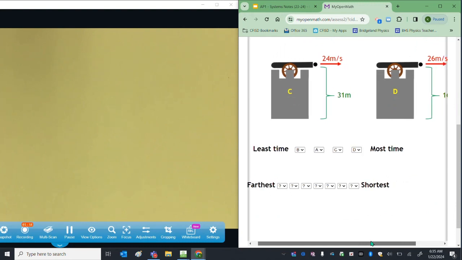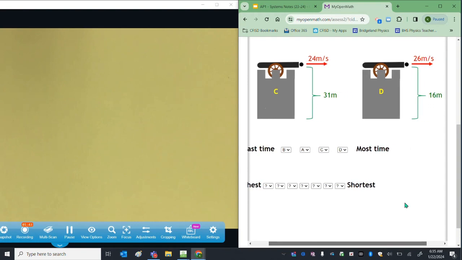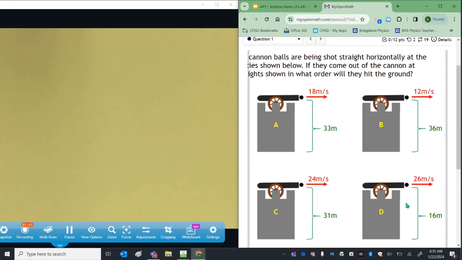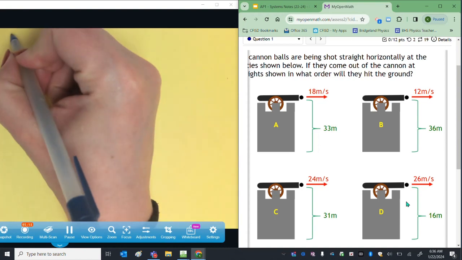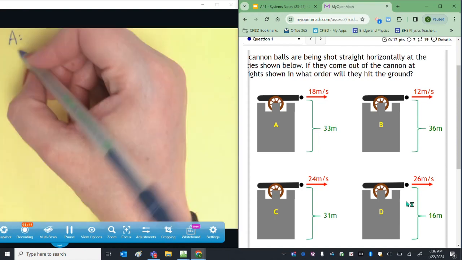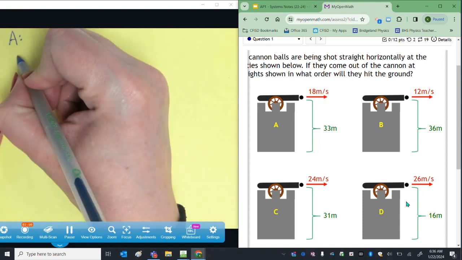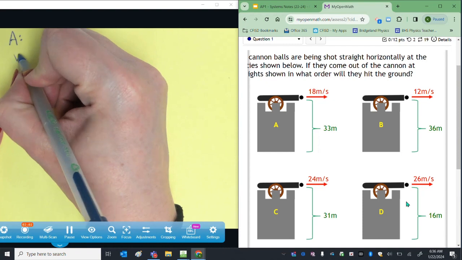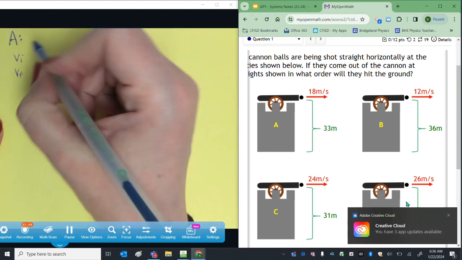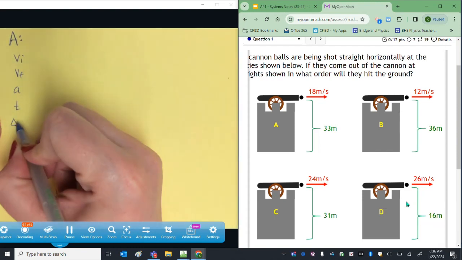In order for us to know which one went farthest and which went shortest and everything in between, we're going to need to solve this for each one, looking for the range. So let's go ahead and start with A. For cannonball A, I'm going to be looking at the different variables for projectile motion, which is going to be initial velocity, final velocity, acceleration, time, and displacement.